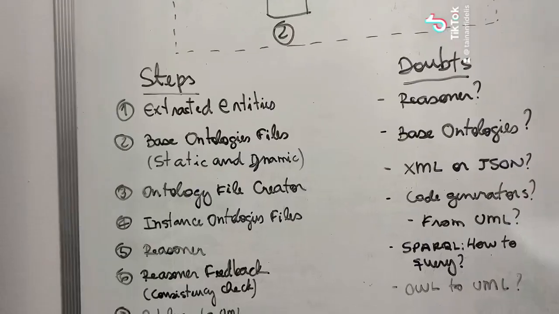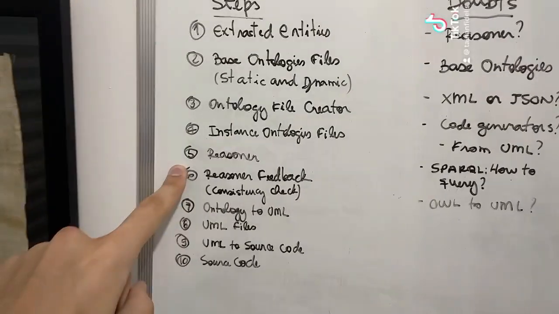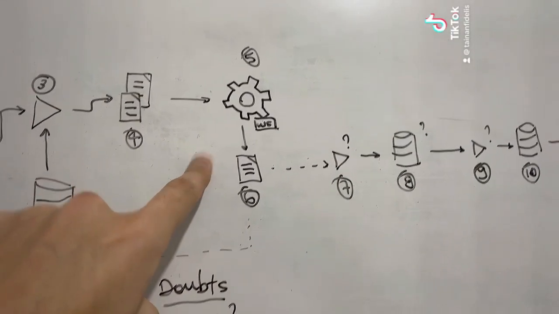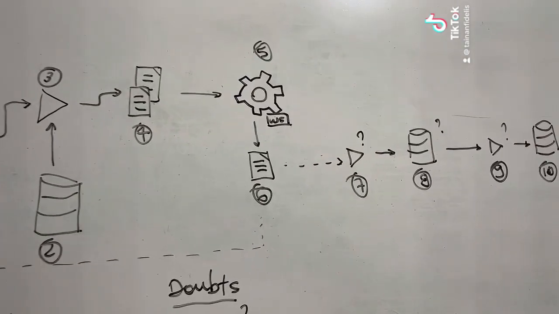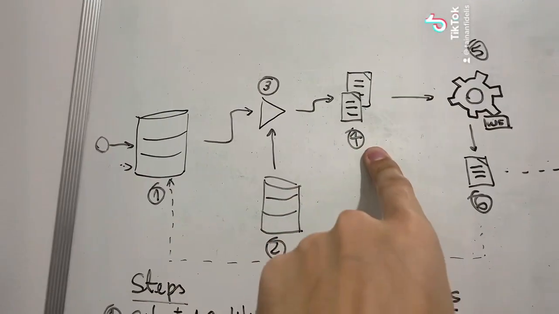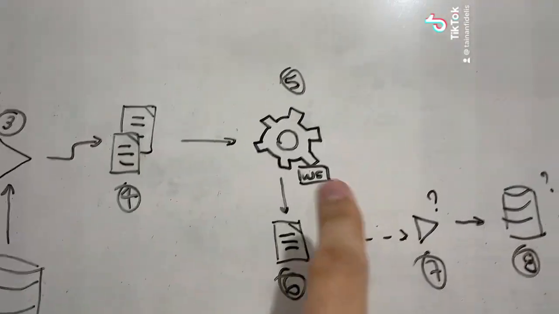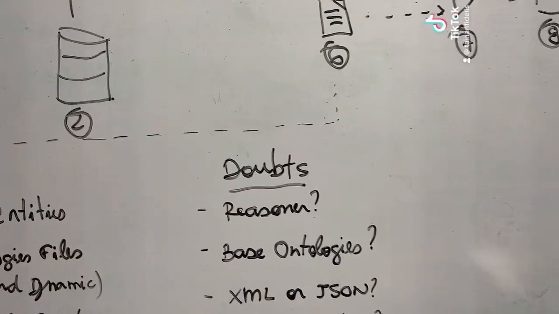And using these base ontology files, so these metamodels, we could then create our instances with the input of the user, okay? Then in step 5, we could have a reasoner. I showed you in our last video using Protege how the reasoner works, so we can check if these instance ontology files are working properly. But my question is, is there a reasoner that I can deploy in our web service? This is one of my doubts.